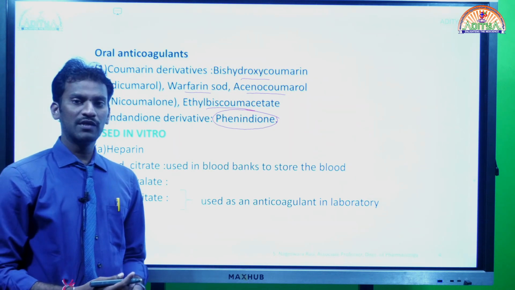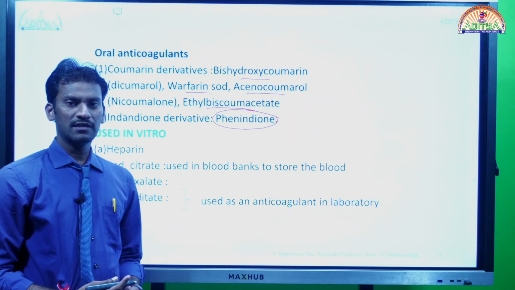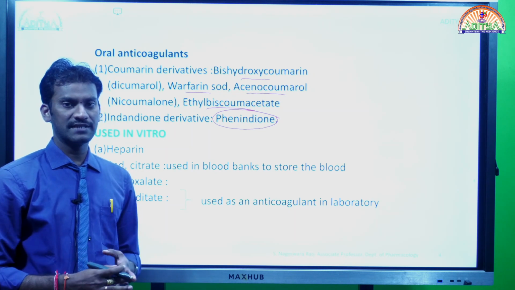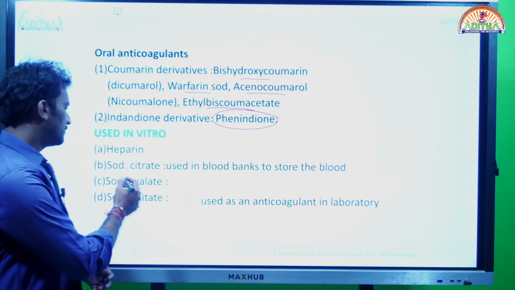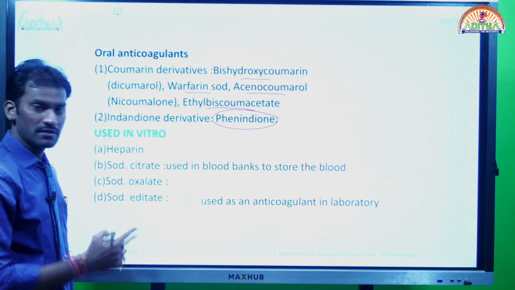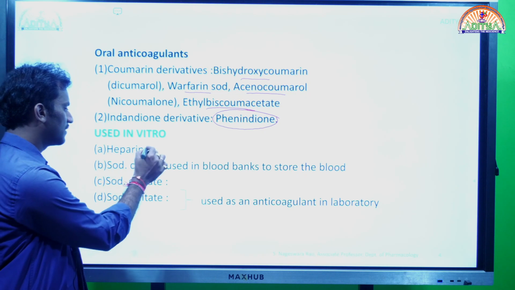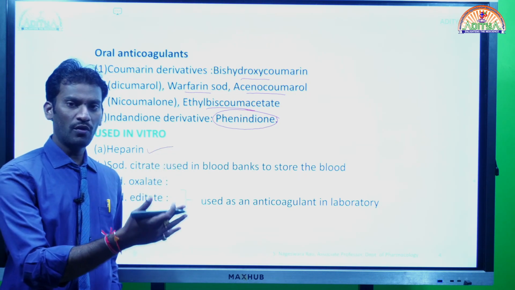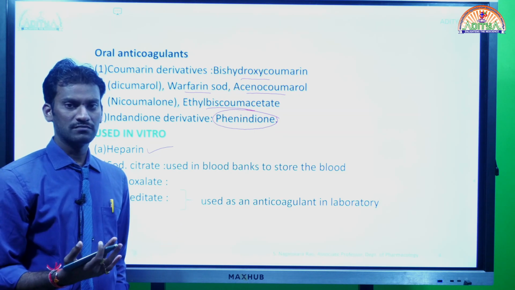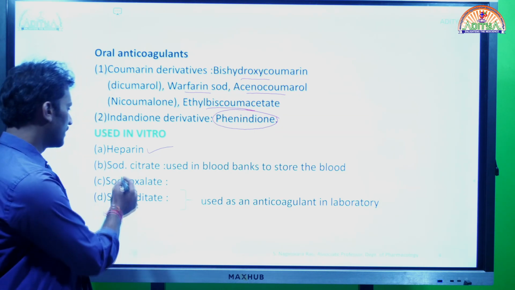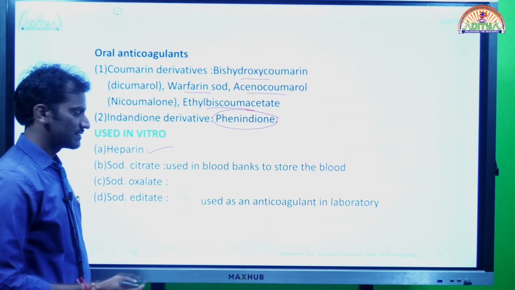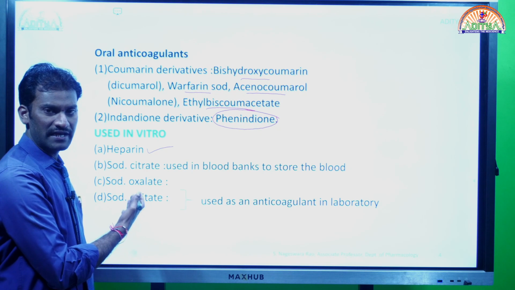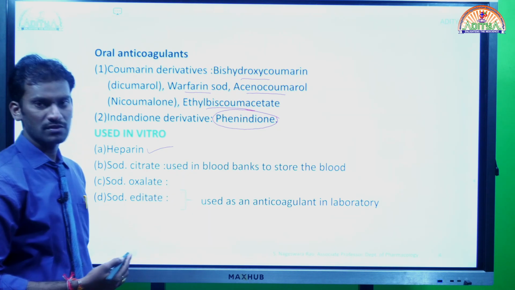The next category of anticoagulants is those used in vitro, meaning laboratory conditions. Heparin is the example here; it is a substance which can be used both in vitro and in vivo. Next, sodium citrate, a very common substance used in blood banks to store blood.